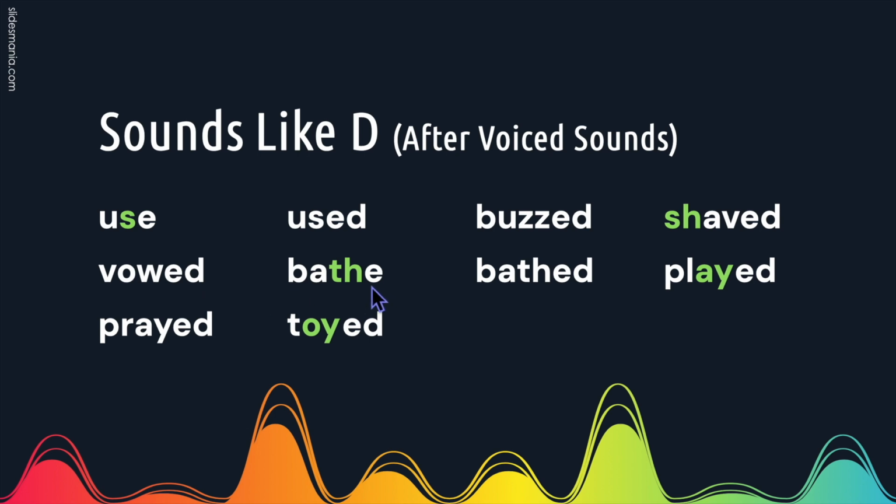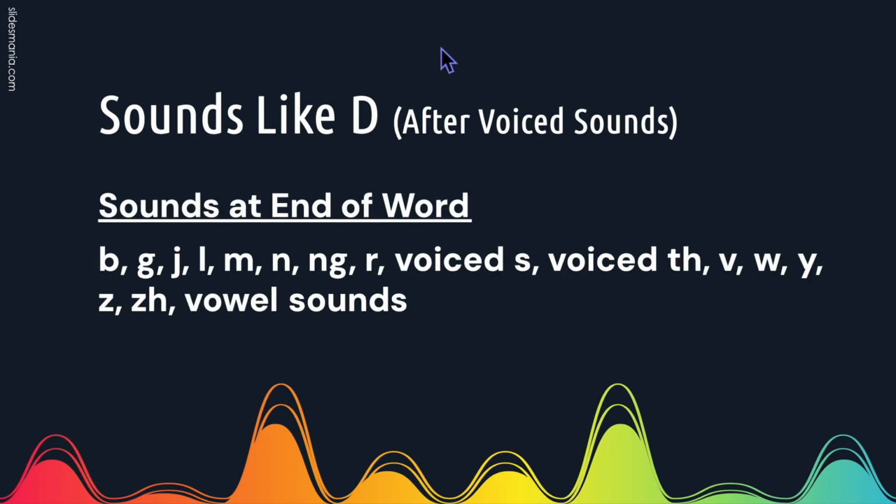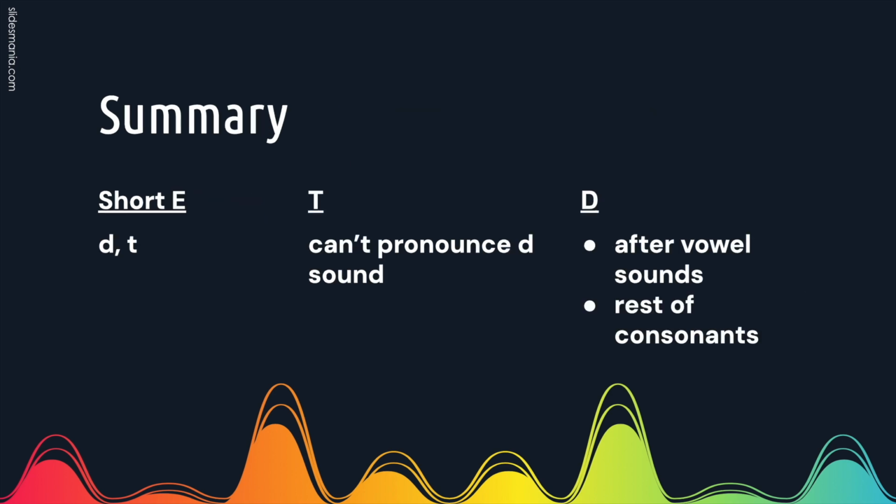TH followed by an E is going to have the voiced th sound. Even though there are two letters here, it's one sound, so this E will still make the A have its long A sound. Bathe, bathed. Played, prayed, toyed. Again, if the word ends in any of these sounds, ED is going to be pronounced as D.